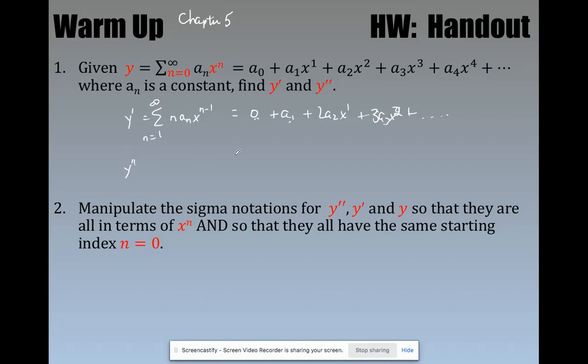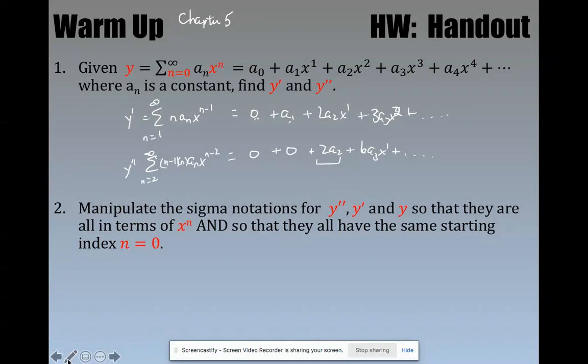So the same thing is going to happen with the second derivative. Of course I don't need to write that, but I'm going to have 2 zeros and then a constant, yada, yada, yada. So this summation notation would be n minus 1 times n, a sub n, x to the n minus 2, and your index would start at 2, because this is my first term.